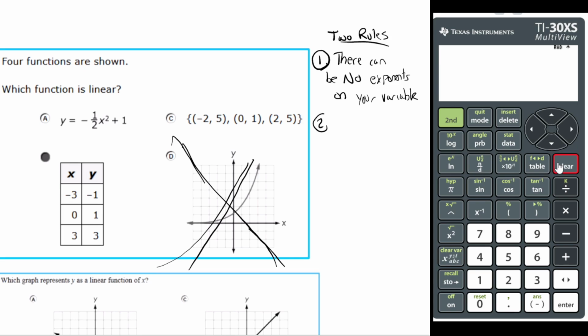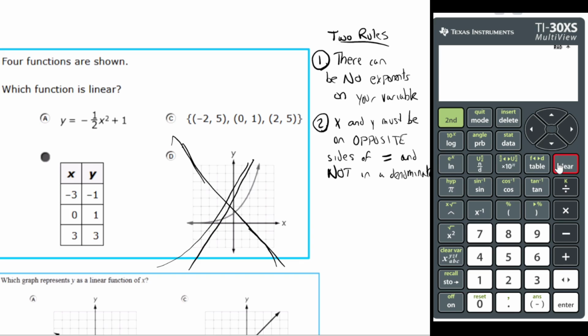Rule 2: x and y must be on opposite sides of the equal sign and not in a denominator. And that's not to say that they have to be on the opposite side at the very start. You can use algebra and our laws of equality, subtract x from both sides, what have you, to manipulate it so that it can get there.